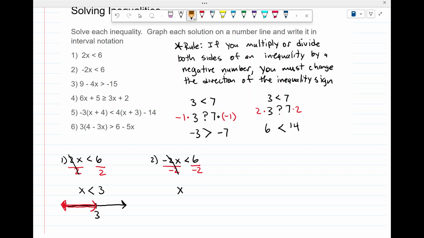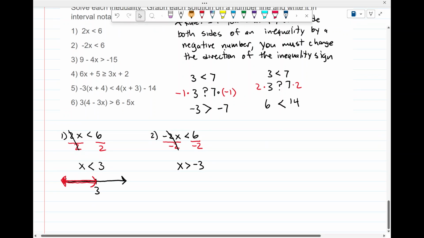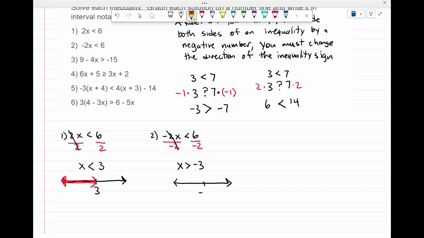So we need to switch the less than sign to a greater than sign. 6 divided by negative 2 is negative 3. And so now our answer is x is greater than negative 3. So let's put our negative 3 down here. We're going to shade to the right. And again, since it's a greater than, not a greater than or equal to sign, we use a curved bracket.